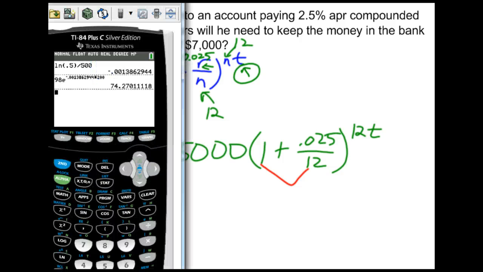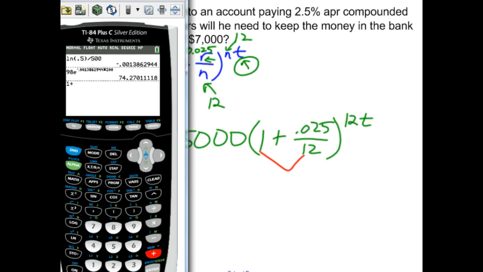So simplifying that, I'm going to get 1 plus 0.025 divided by 12.